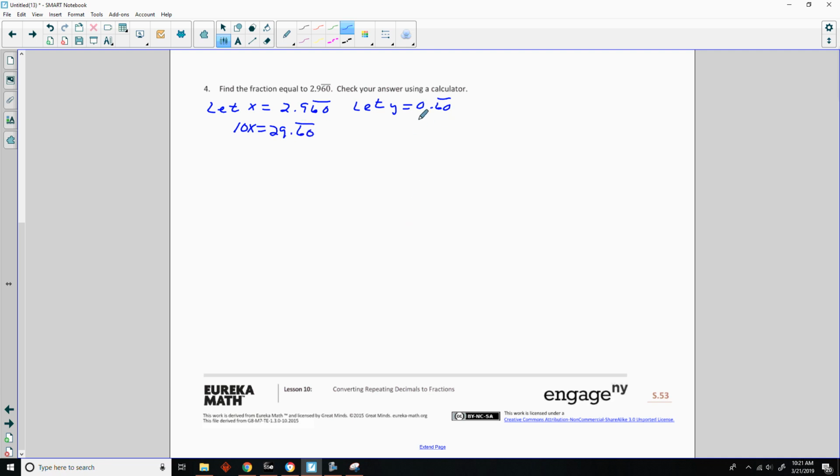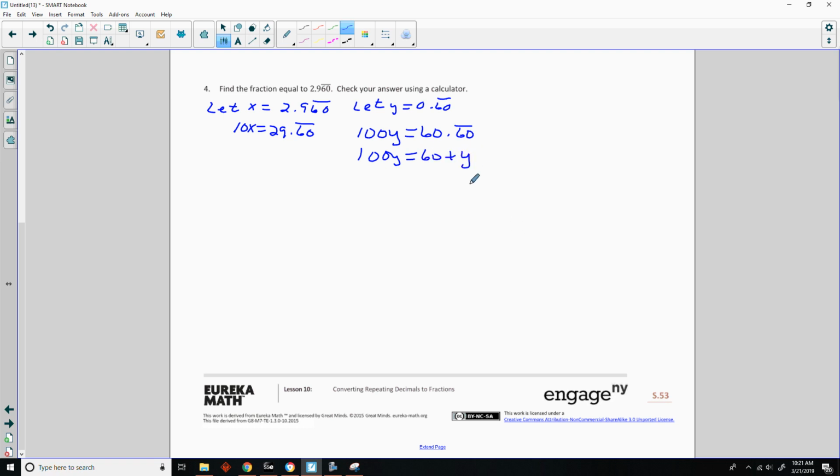So if I let y equal 0.60 repeating, and I want to get the decimal over here so it's a number times the next repeated portion, I need to multiply by 100. I need to move the decimal 2 places to the right. So I'm going to multiply both sides by 100. So I get 100y equals 60.60 repeating. Well, that means that 100y equals 60 plus y.